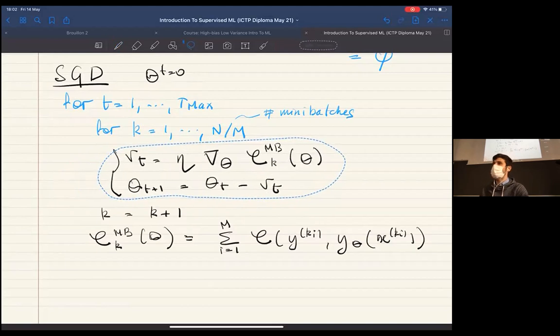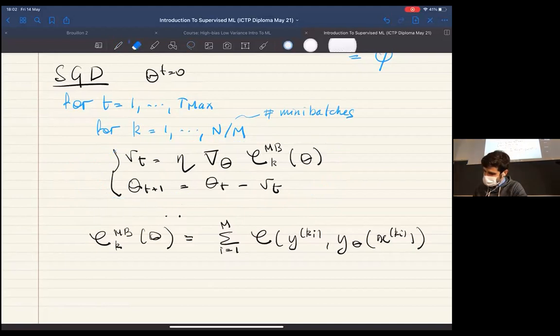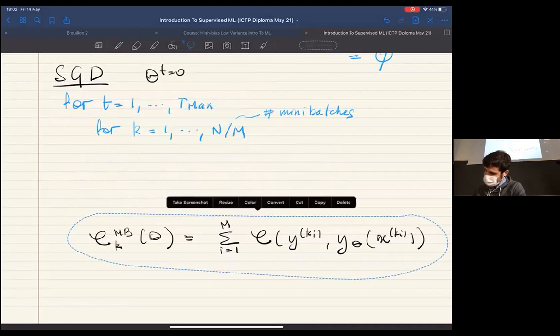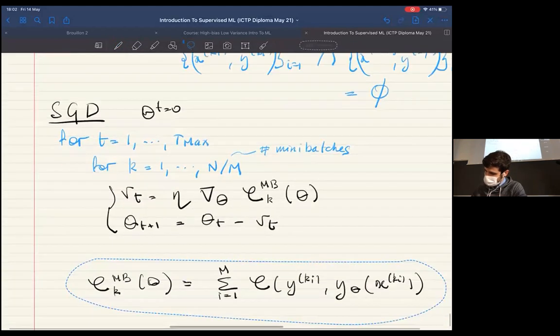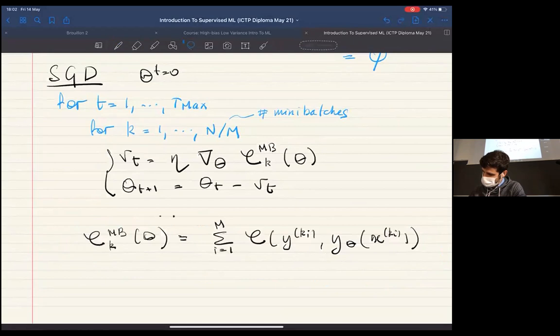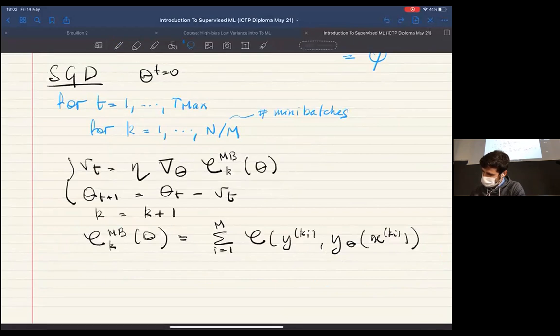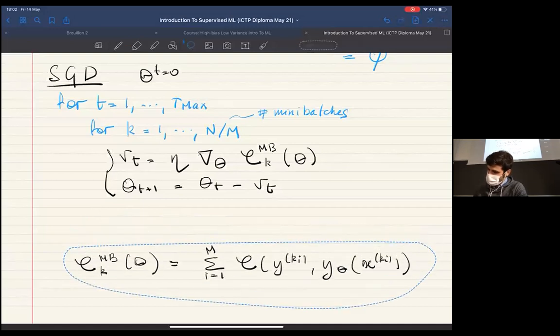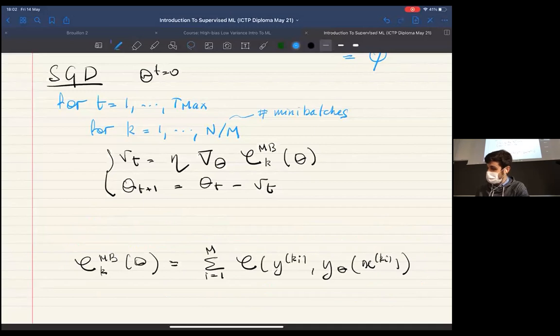Then you do the gradient descent step on this mini batch. Okay. Which concretely means that. Okay, and that's it.